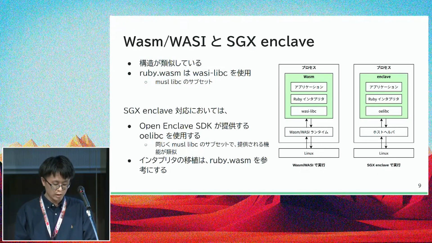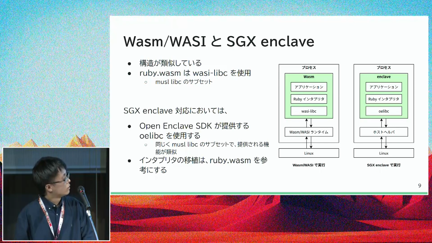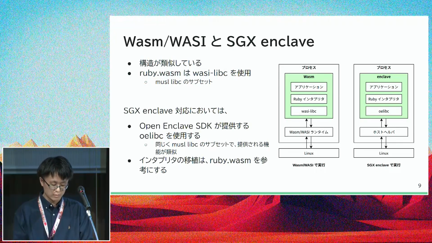In the WASM environment, Ruby is implemented, and in addition to the Ruby interpreter, wasi-libc is used as the standard library. wasi-libc is a musl libc implementation, so that is a very basic implementation. The API offered by that is a subset of musl libc.